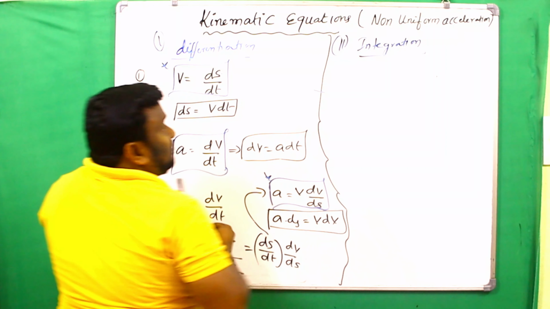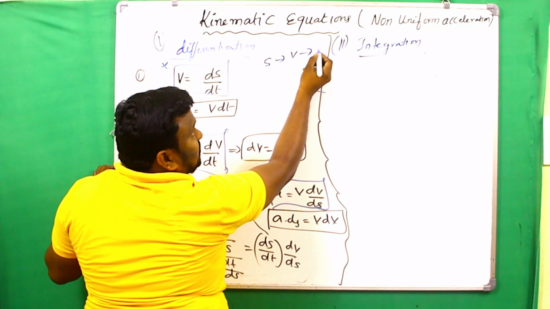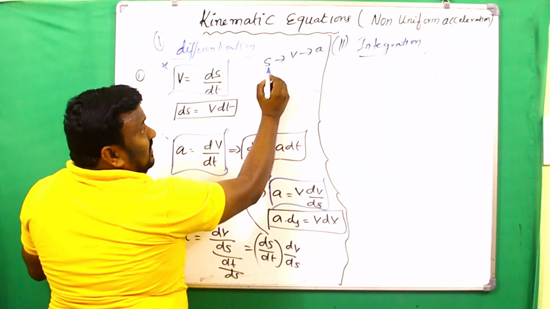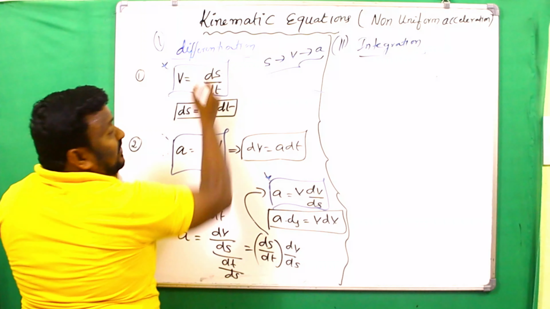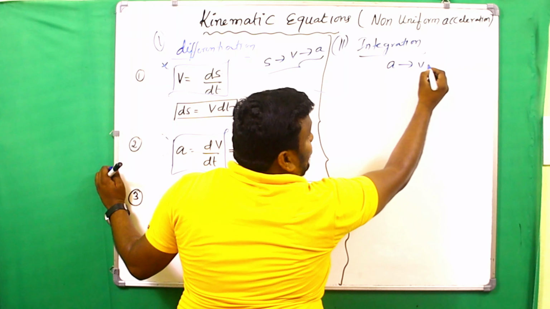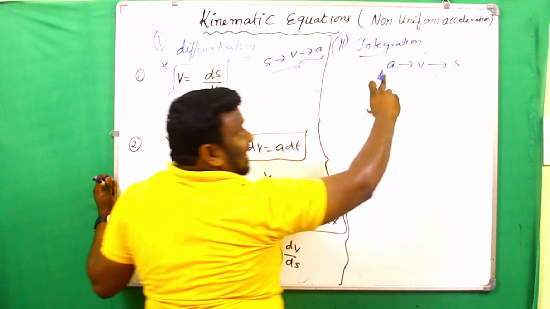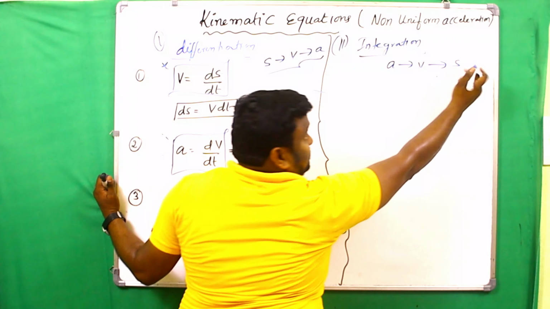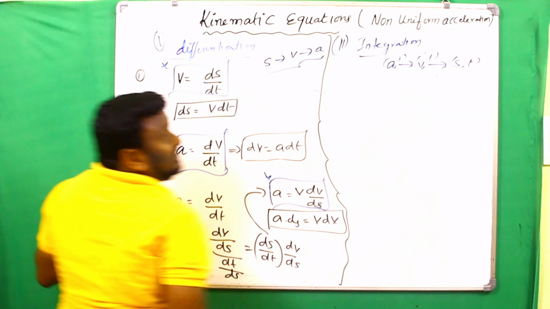For example, displacement to velocity to acceleration with respect to time: to change the displacement to the velocity, velocity to the acceleration, we can prefer differentiation. But in this case, acceleration to velocity, velocity to displacement. To convert the acceleration to the velocity, velocity to the displacement, we can prefer the integration method.